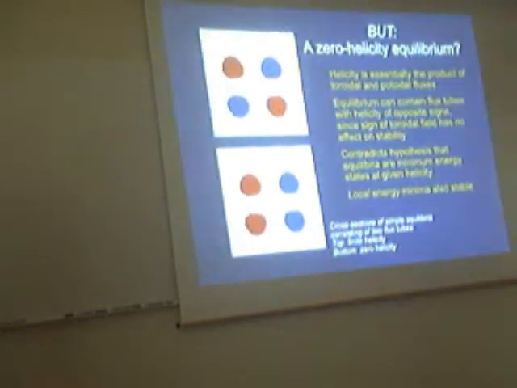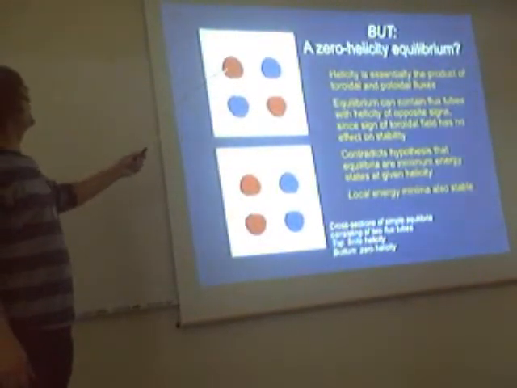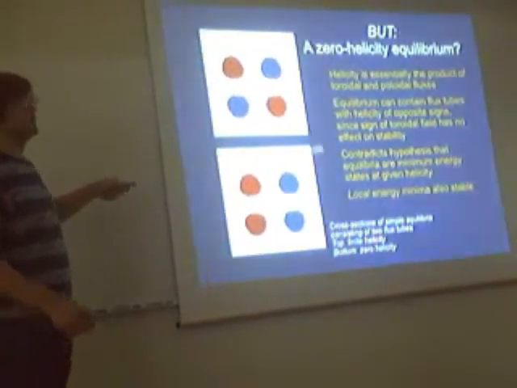But it might not be quite as simple as that, because it seems that it's possible also to fall into an equilibrium with zero helicity in the following way. If we look at this field here, this is a cross section of the star, consisting of 2 flux tubes.